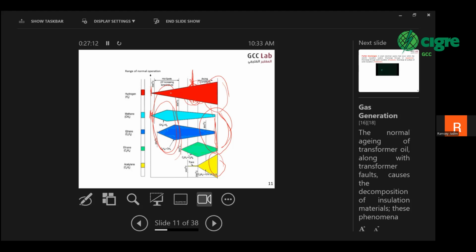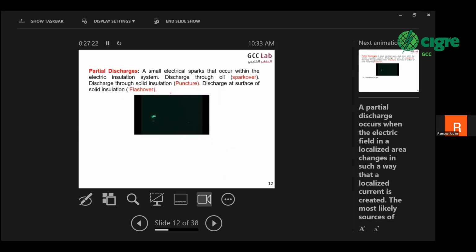This gives information about how important oil analysis and transformer life assessment are. I talked about partial discharge and arcing, but here I will give some definitions from our view.